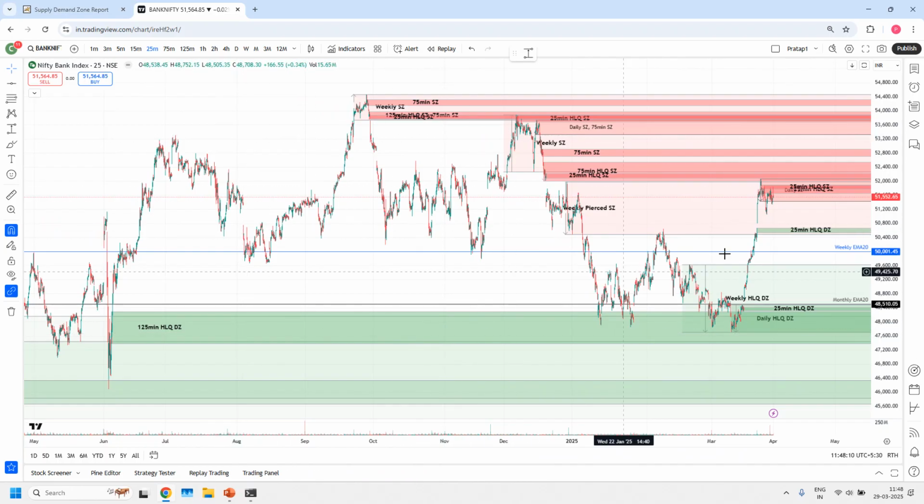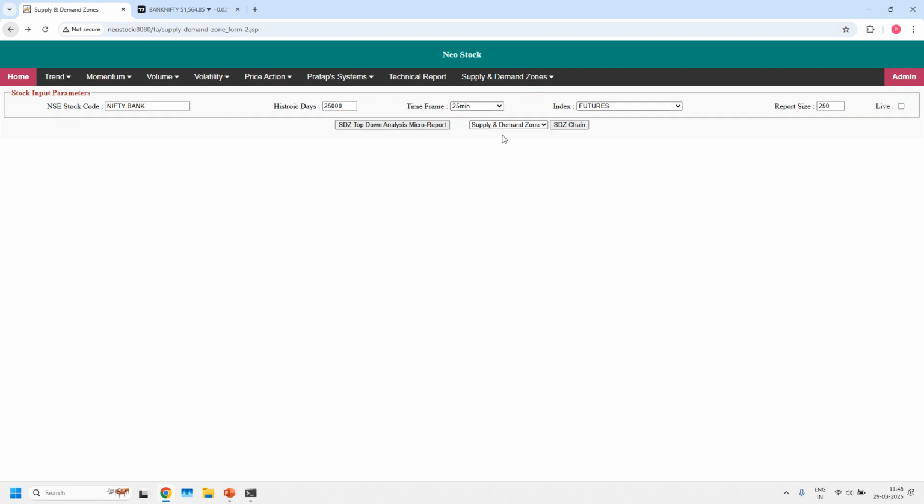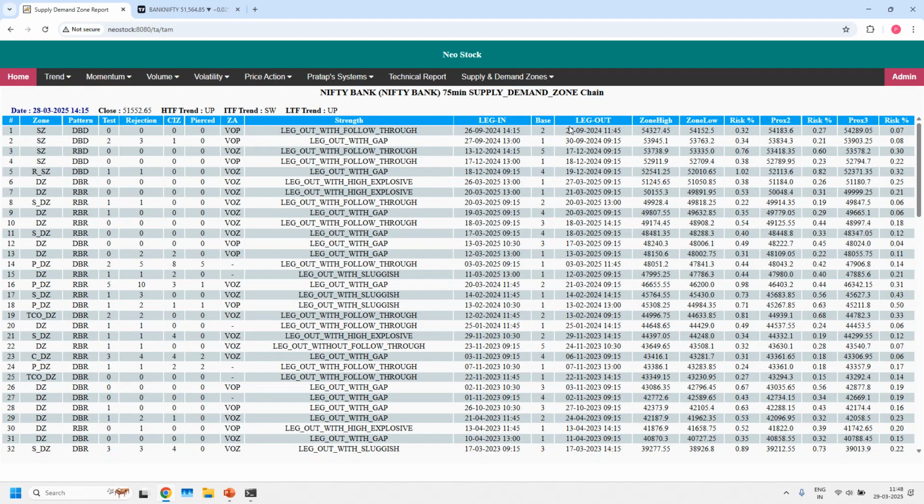Before drawing these 25 minutes demand zones, let me go back, change the time frame to 75 minutes and generate the chain. We will finish drawing 75 minutes high liquidity zones and then we will go to 25 minutes demand zones.